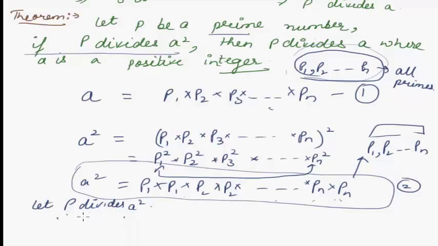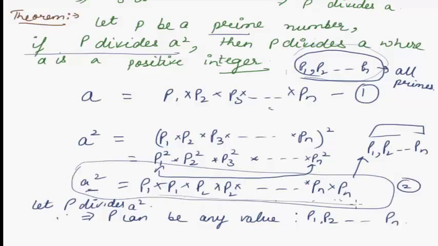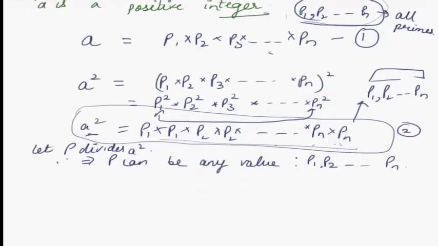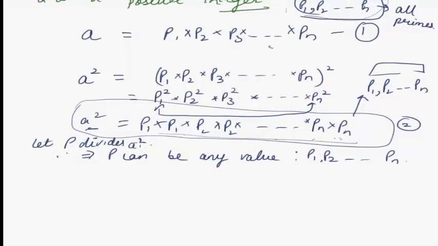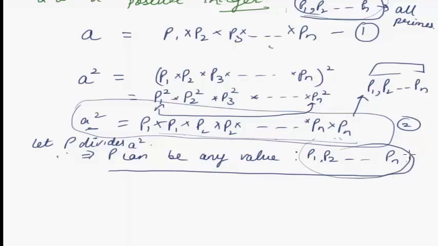That is, P can be any value P1, P2 up to Pn, because prime factorization of a number is unique, and P can be any prime factor among that prime factorization expression. Now we have concluded that P can be any value from these set of values.